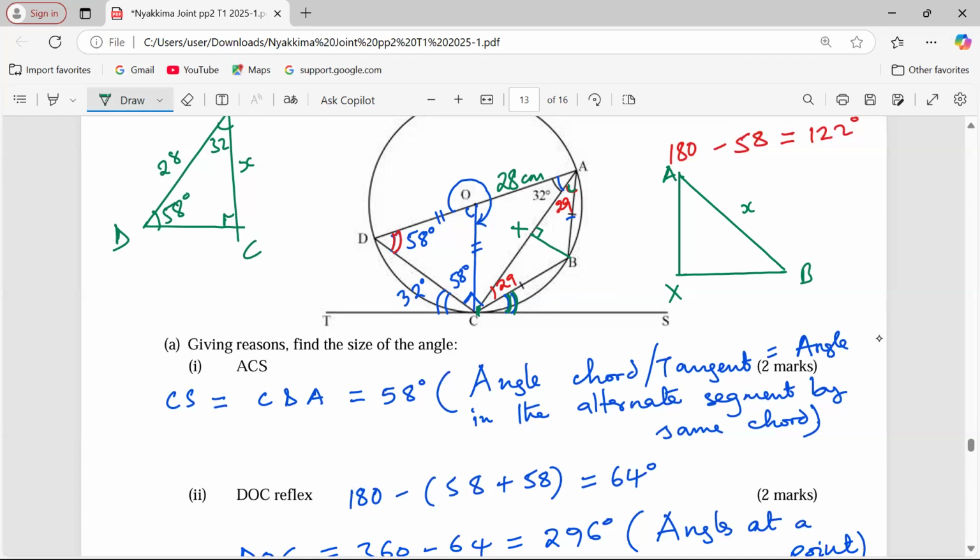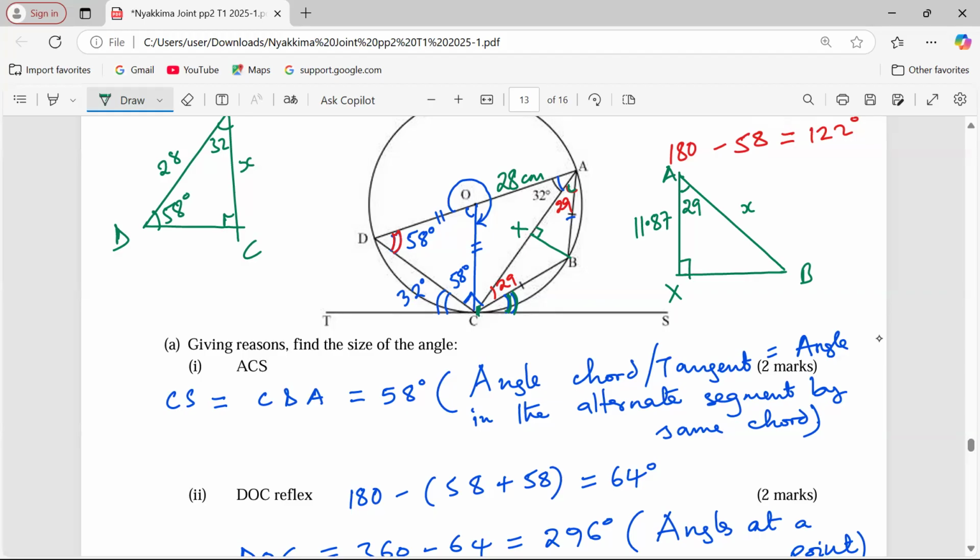So that will be 11.87. And the angle at A is known to be 29. So it's right angled at this point, so we can get the length on the other side.